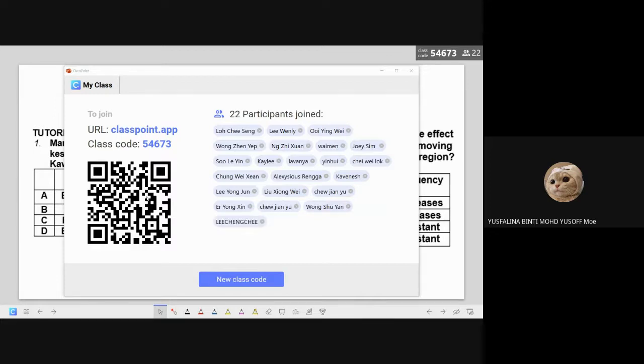Okay, I'm still waiting for 15 more to join. They say if you cannot join, you can just use your phone.